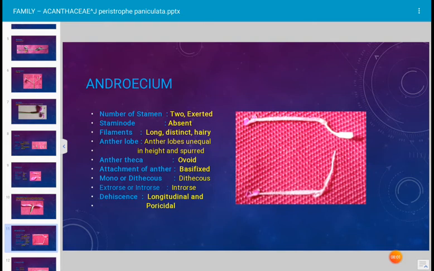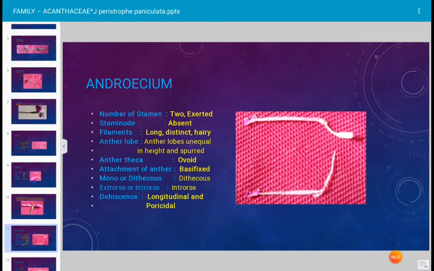Staminodes are absent in Peristrophe paniculata. See the filaments. What is a filament? The stalk of the stamen is the filament. Filaments are long, distinct, and hairy.